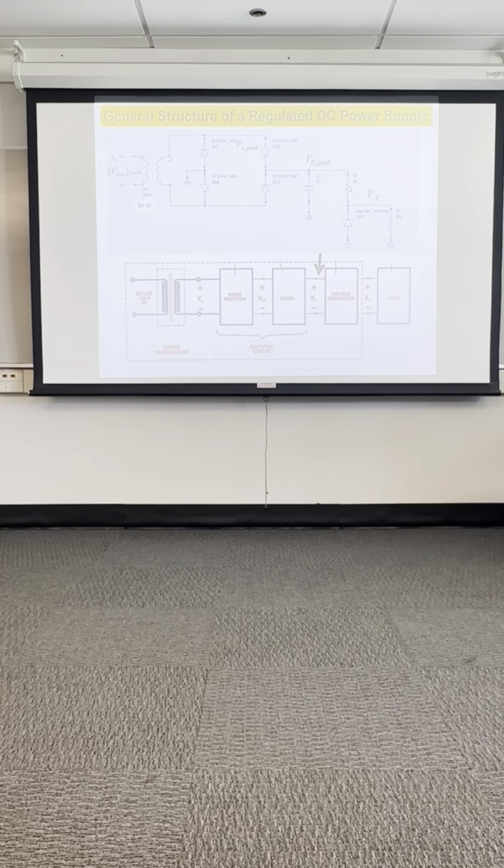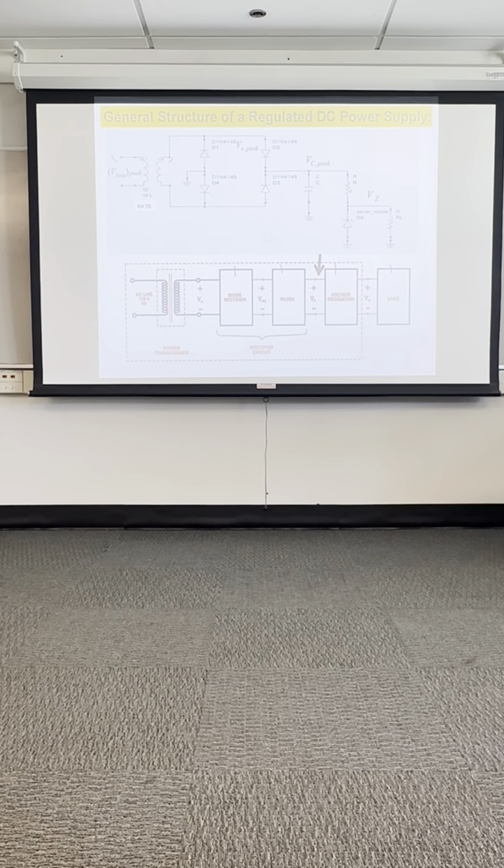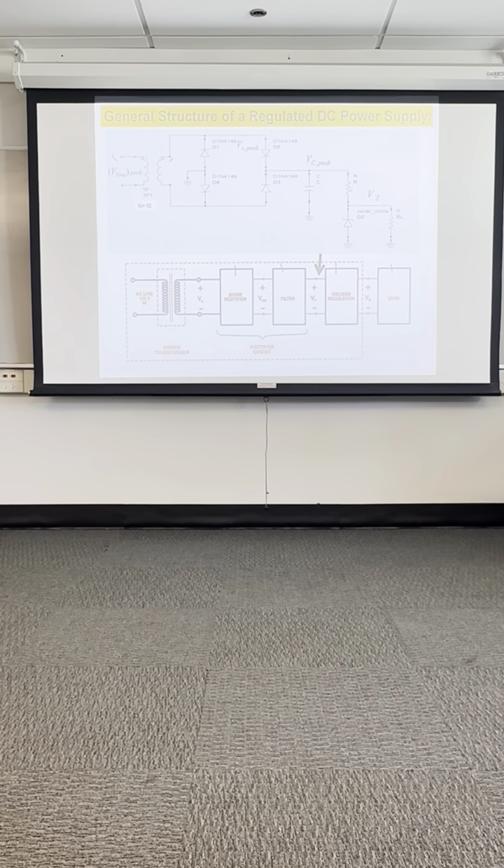Now, if you're taking lab 1, when we get to diodes, you'll actually be building a version of this circuit. In order to build this circuit, we have to use an isolation transformer, which is a transformer that isolates from the 120 volt AC input.